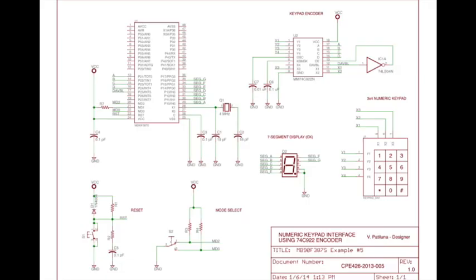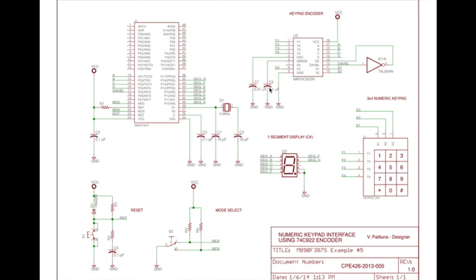This is the schematic diagram if we are going to use the 74C922 keypad encoder. I want you to focus your attention here because the keypad is no longer connected directly to the microcontroller. It's connected to the keypad encoder. So you have here the X and Y, connected to this part of the keypad. And you will notice that pin number 7 is blank because there's no 4th column.